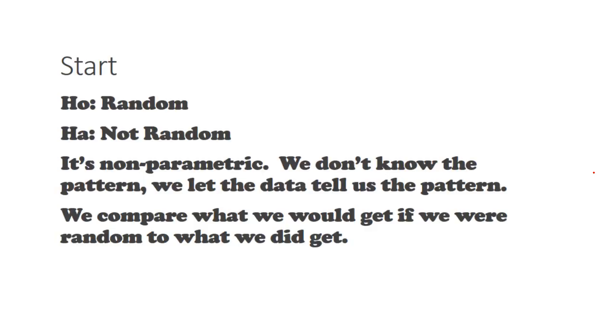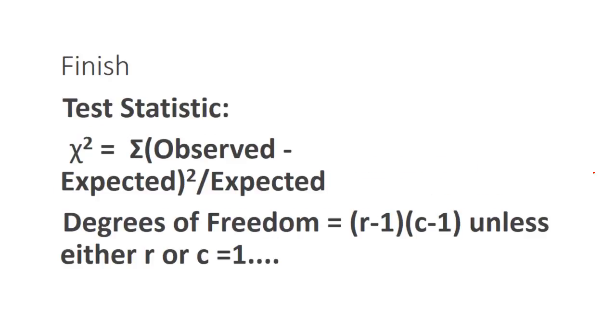So there's no difference between the numbers we collect in the real world and what the numbers would be if they're totally random. Then we have the alternative hypothesis, which is, of course, that they're not random. So again, it's non-parametric. In non-parametric, we let the data tell us if there's a pattern. Okay? So we're comparing what should happen if this is completely random and there's no pattern to it, as opposed to there being some specific kind of pattern to it.